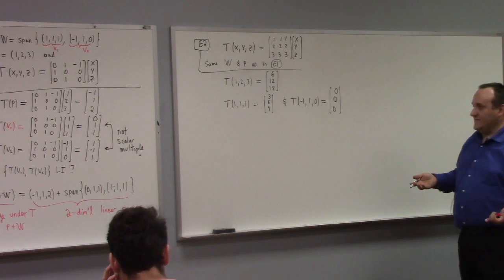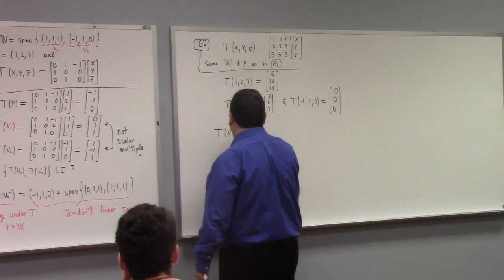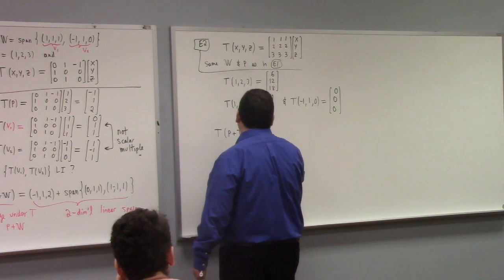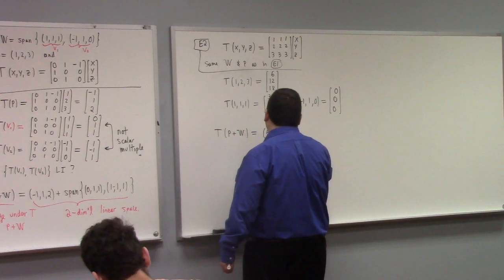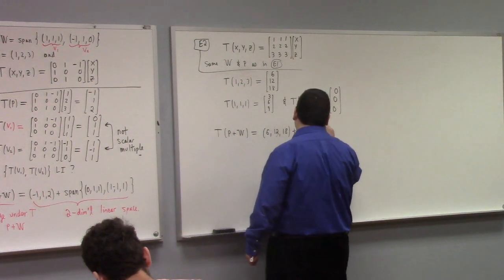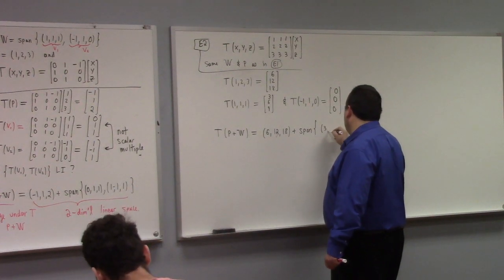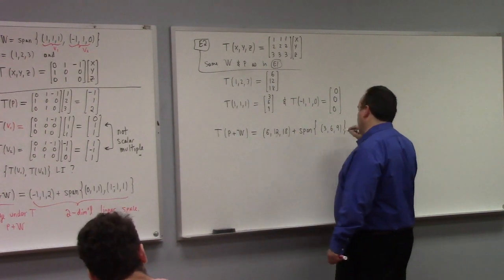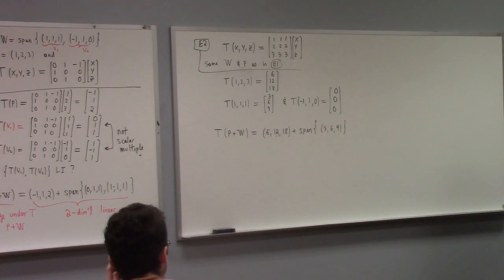Well, this is kind of obvious. So what's T of the directing space this time? Apparently, it is (6, 12, 18) plus the span of (3, 6, 9). So what just happened here?